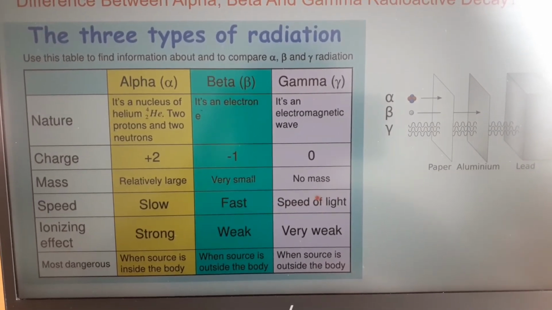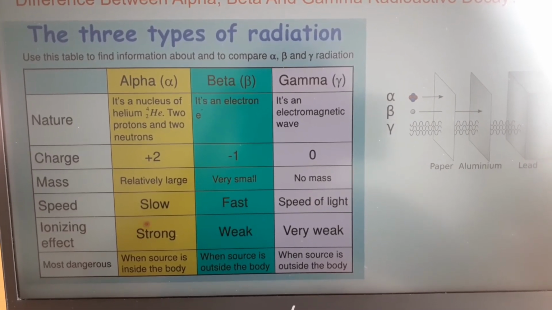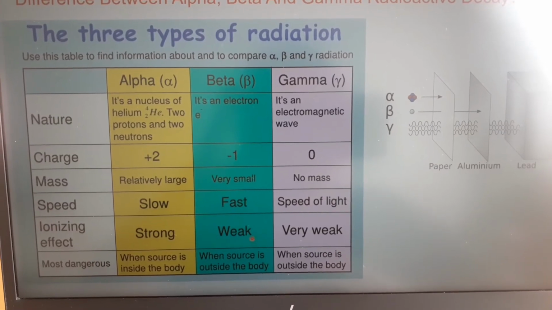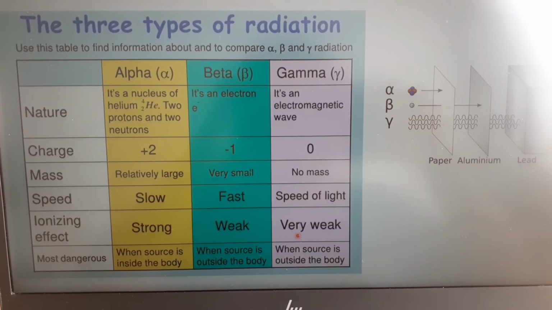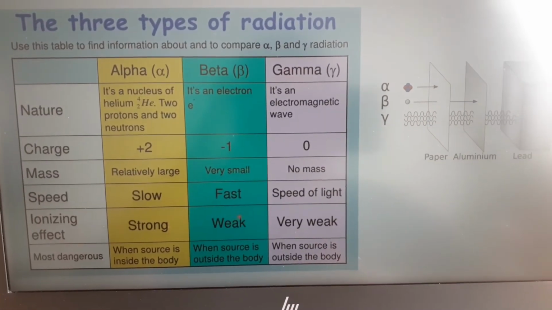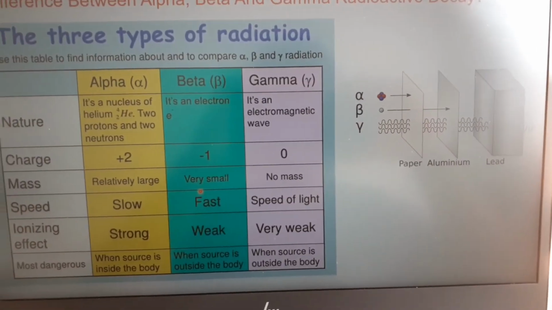The ionizing effect is strong in the case of the alpha particle, but weak for beta and gamma. All three are dangerous, and it depends on how much exposure is happening inside the body, right?